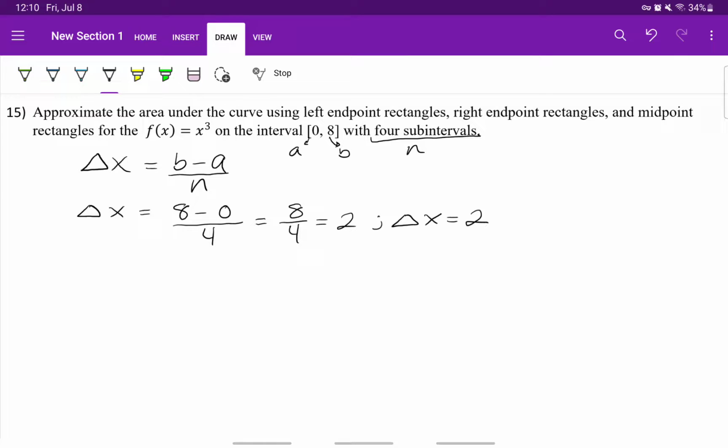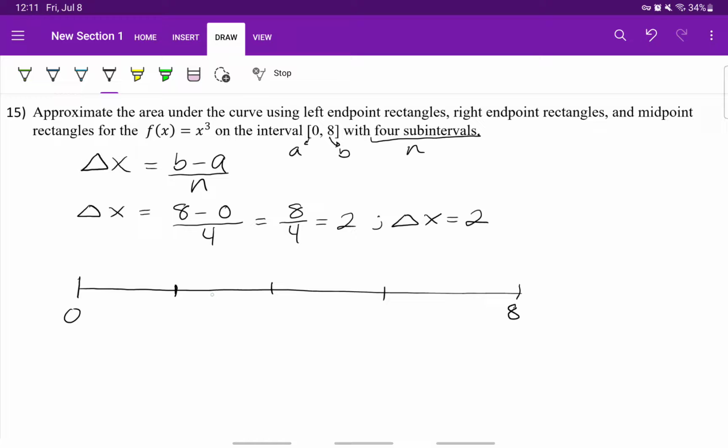All right. Now that we have delta x, I'm going to draw my number line. Our interval goes from 0 to 8, and remember, we have 4 subintervals. So we should have 4 units in between 0 and 8.